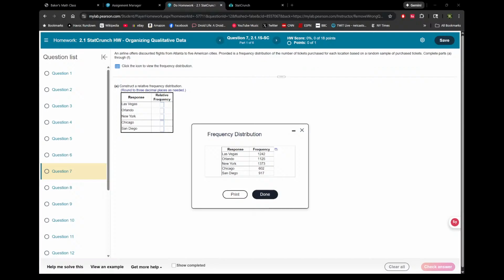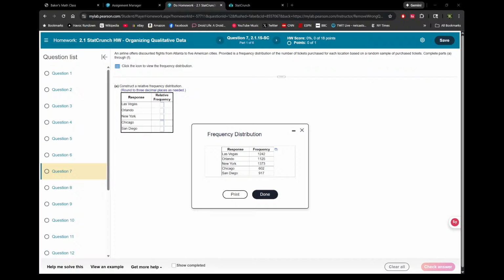Honestly, this one probably was easier just to do ourselves, but it's going to bug me now. It should be under calculators, but it's not. I will figure it out later.